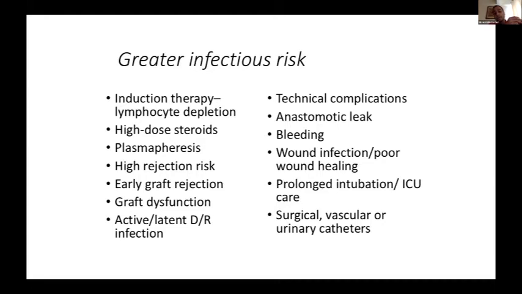Was the patient given plasmapheresis to reduce the risk of rejection? Did the patient have a high rejection risk, like high PRAs, or an HLA typing that was a 0 out of 6 match? Early graft rejection also predisposes you to greater infectious risk, because you will subject the patient to high dose steroids, plasmapheresis, or ATG.